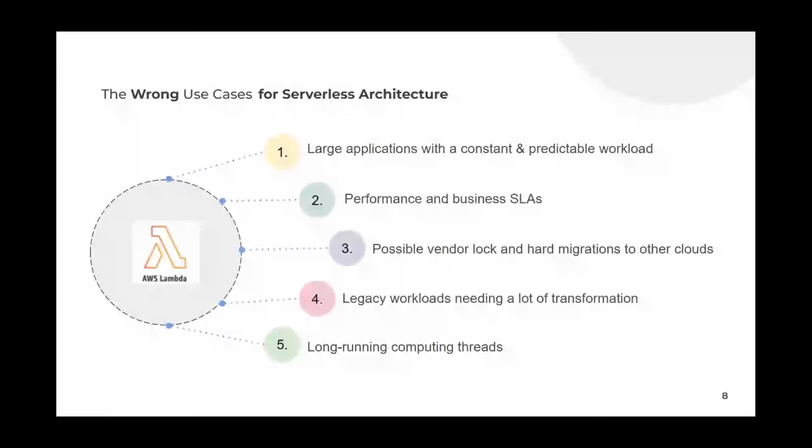Number four, legacy workloads needing a lot of transformation. Not every workload is suitable for serverless. Unless a workload was developed with serverless in mind, you might actually need to go back and do a considerable amount of planning and re-architecting to make it fit within a serverless framework.